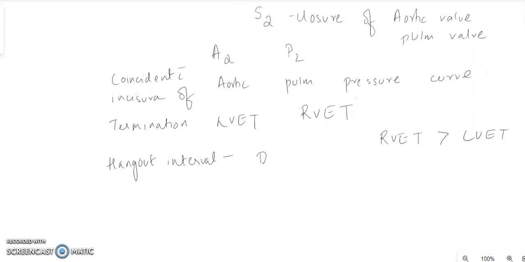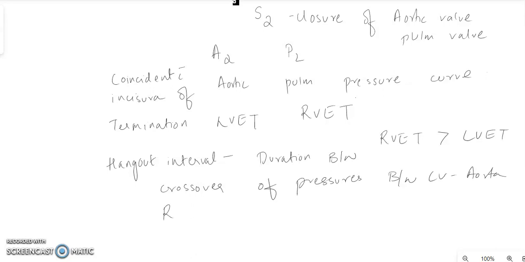It is the duration between the crossover of pressures between LV and aorta, and RV and pulmonary artery, at the level of incisura.